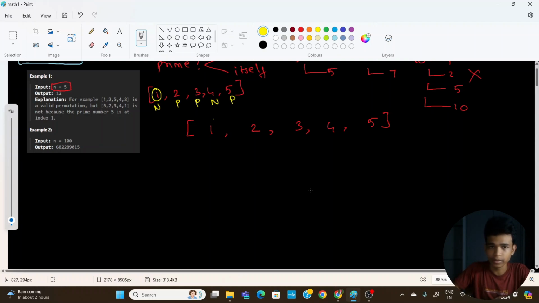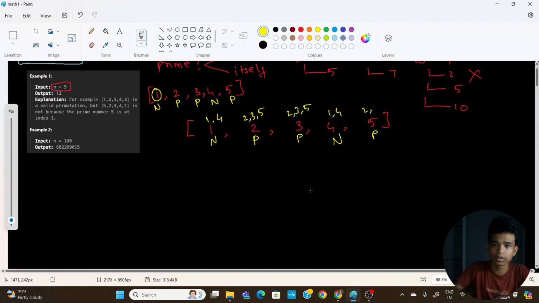Now, using this, see here. Here 1, 2, 3, 4, 5 are indices, the same indices. In the first index, what numbers can I put? It is not prime, right? Because it is not prime, I can put 1 or 4. At this 2, what can I put? It is prime, right? So I can put 2, 3, and 5. And at this prime, I can put again 2, 3, 5. Here, I can put only 1 and 4.